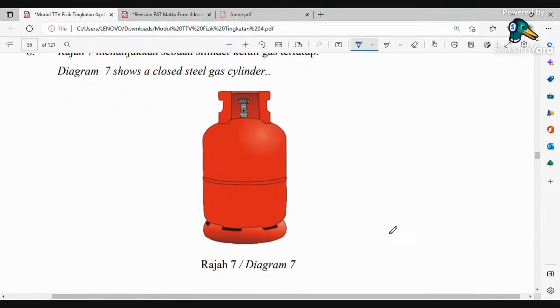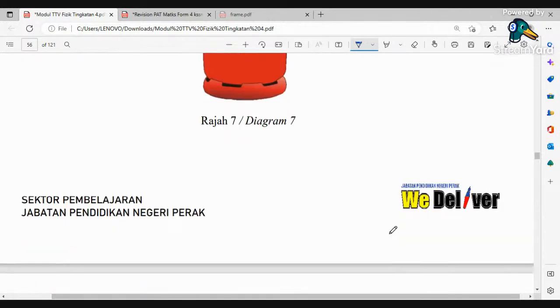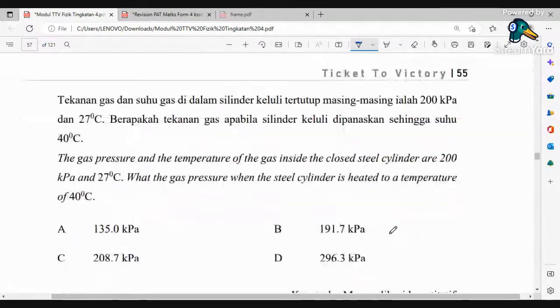Okay, number 8, closed steel gas cylinder. Gas pressure and the temperature of gas inside a closed steel cylinder are 200 kilopascal and 27 degrees Celsius. What is the gas pressure when heated to temperature 40?